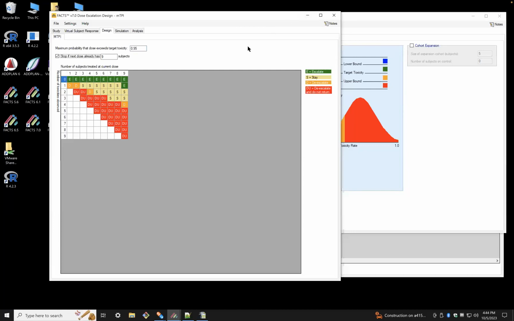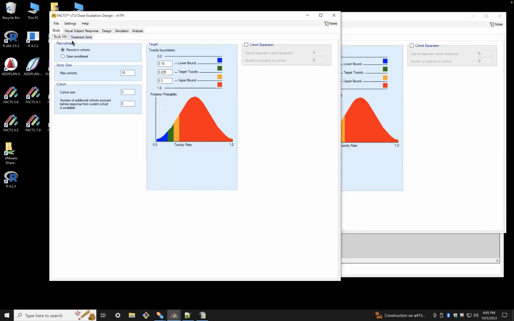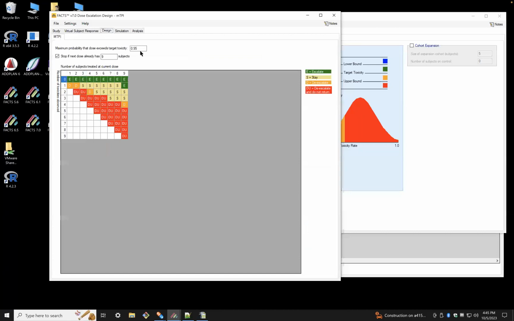And that's it. That's all you need to enter to do an MTPI trial. And entering a BOIN design is very similar: maximum number of cohorts, cohort size, bounds, treatment arms, scenarios, and then DU and the maximum number of subjects.